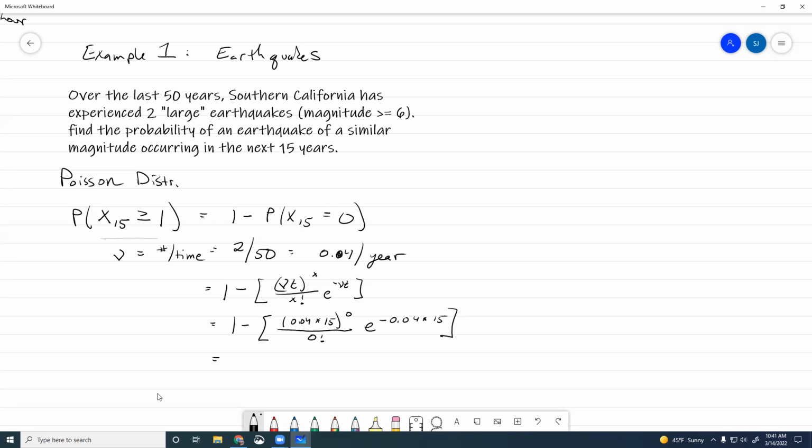Zero factorial is just 1. So we end up with 0.45, a 45% chance of having a large earthquake over the next 15 years.